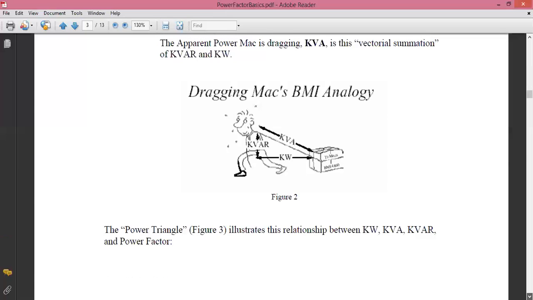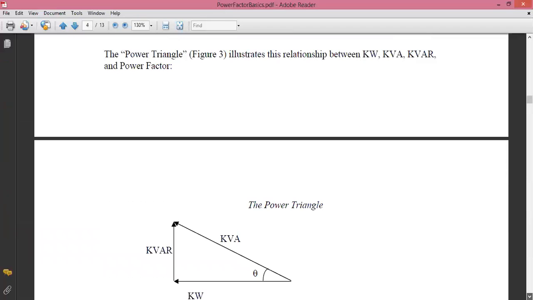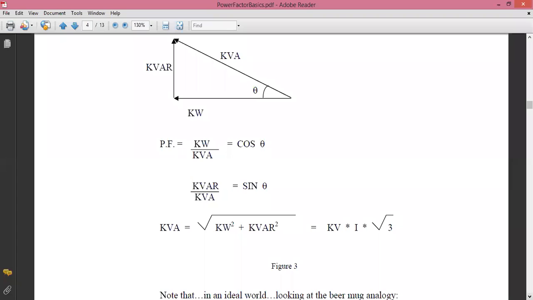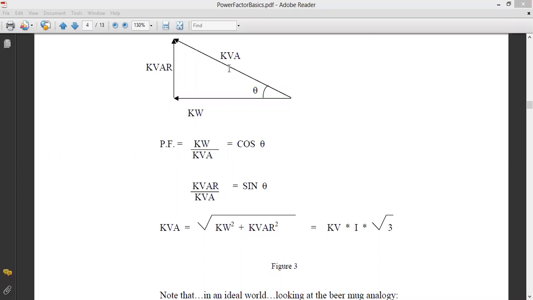So on this power triangle, your kVA, the hypotenuse, equals kVAR squared plus kW squared, because in the Pythagoras theorem, the hypotenuse squared is equal to the base squared plus the altitude squared.